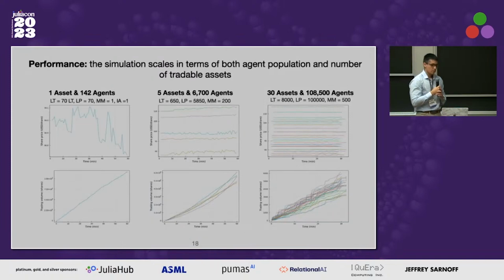In terms of performance, we've been able to scale this up just because of the fact that everything is distributed, right? As a first proof of concept, we started with just one asset, 142 agents, and moved on to something whose parameters were derived a little bit from, loosely based on, some studies in the high frequency literature. And then we've just scaled it up to 30 assets and over 100,000 agents.